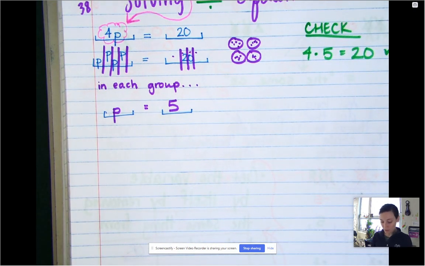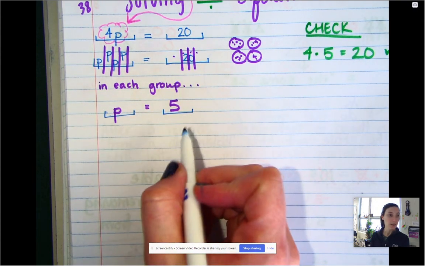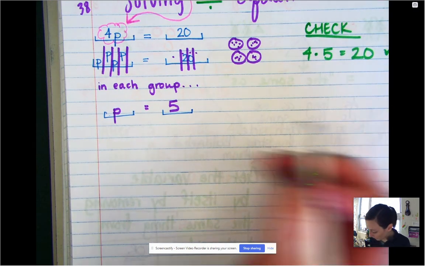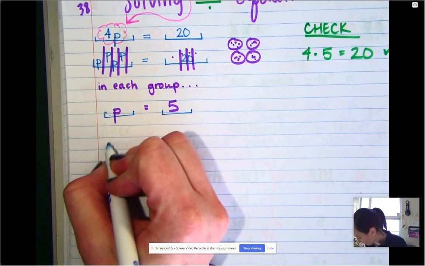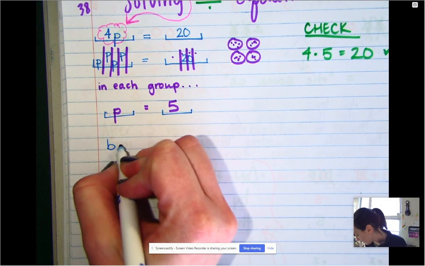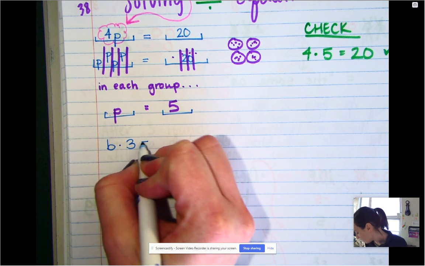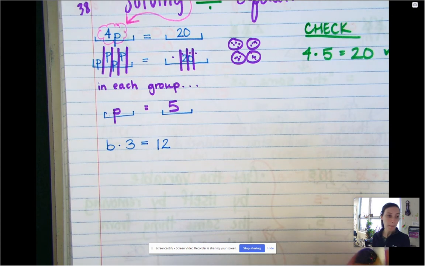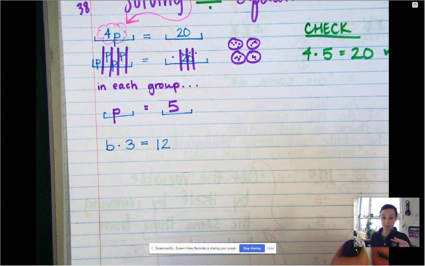You can also see now, granted I said it in sort of fancier ways, that when I'm splitting things up, that is division. So if I have b times 3 is the same as 12, I use the inverse, the opposite operation.